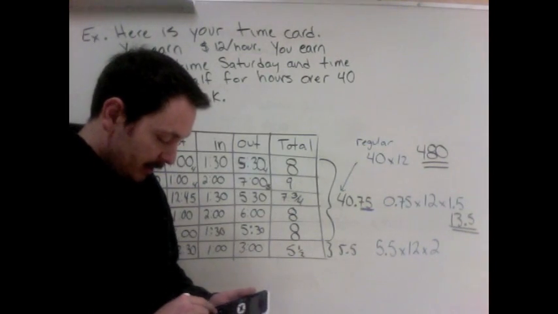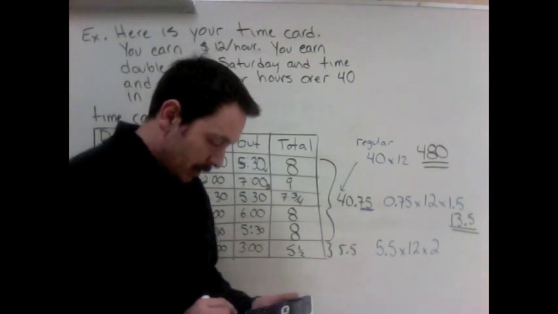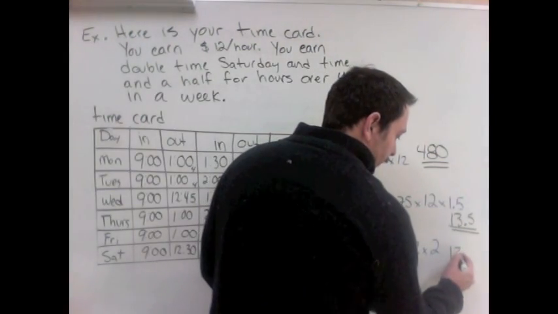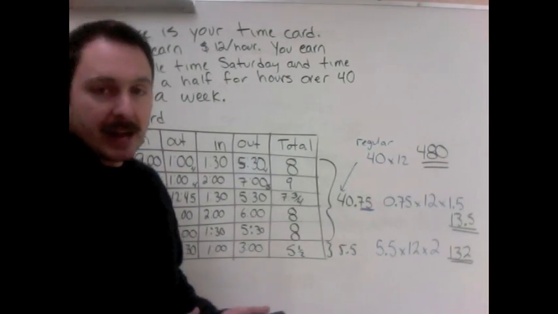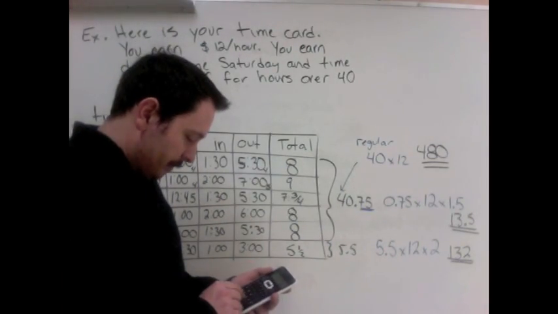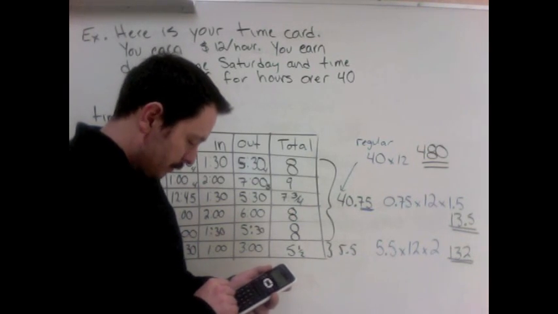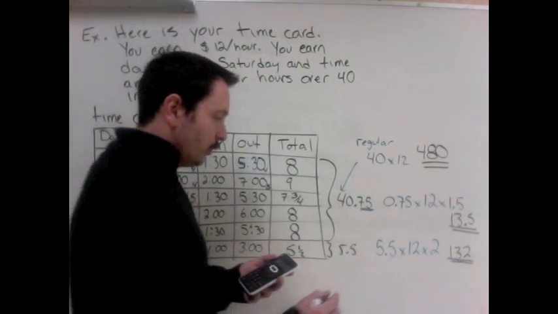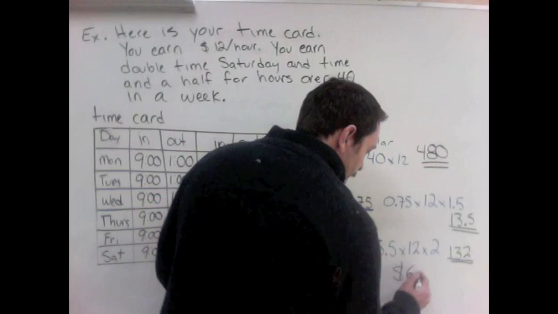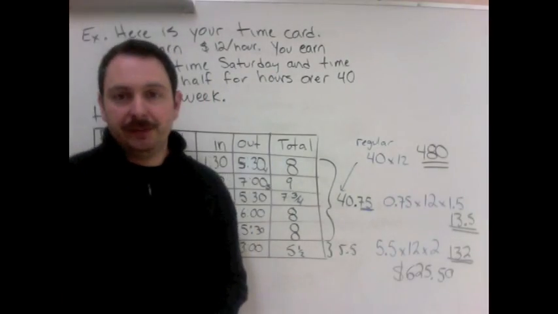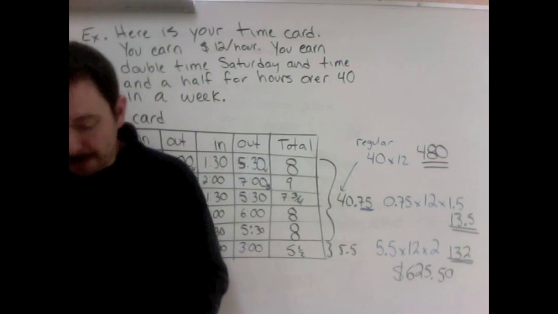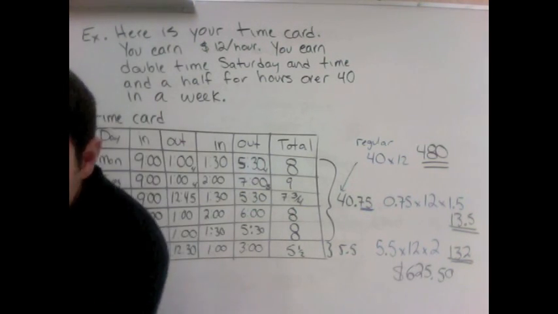And on Saturday, I earned, or you earned, whoever is doing this, $132 for working on Saturday. And when you add all of these up, this week you earned $625.50.